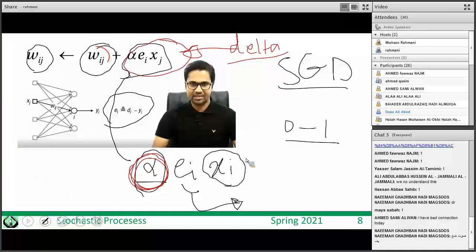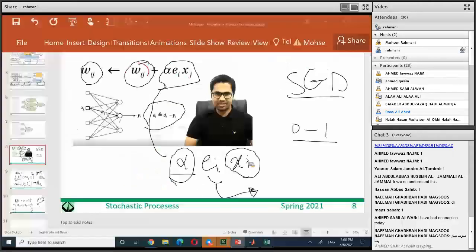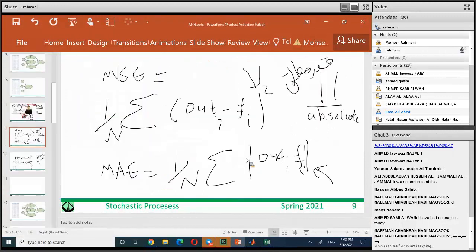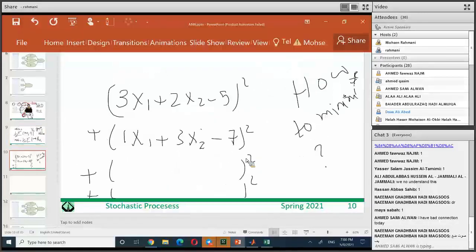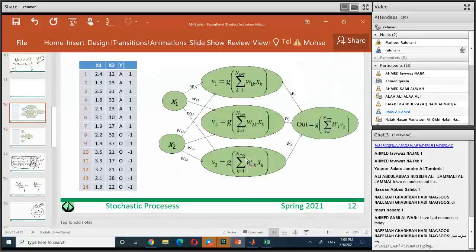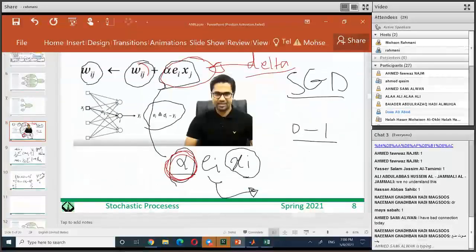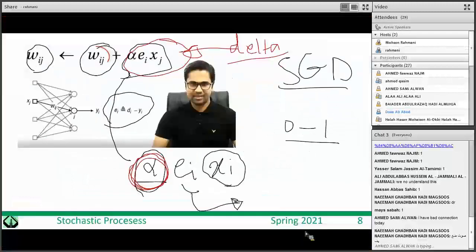If you try to understand, you will be able to understand this. This is not difficult at all. Just do this in Excel, and you will find how easy this is.